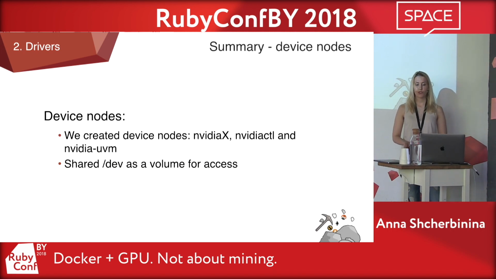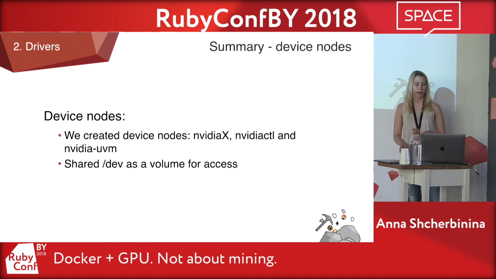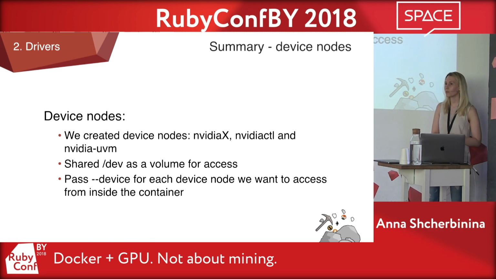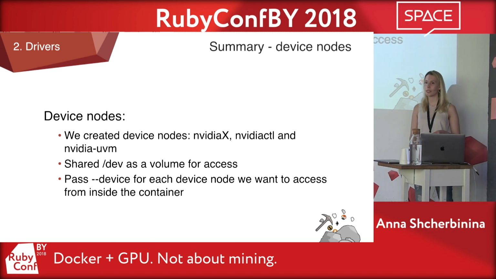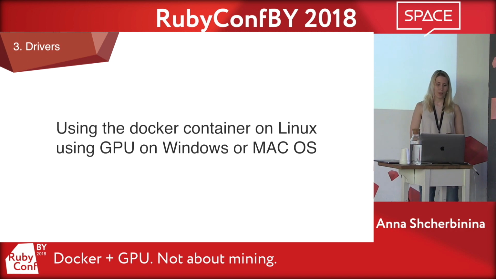Then I should share the devices, and I should share each device as a volume to make them accessible inside the container. And after that, I use device parameter for the run of the Docker container for each device node I have.